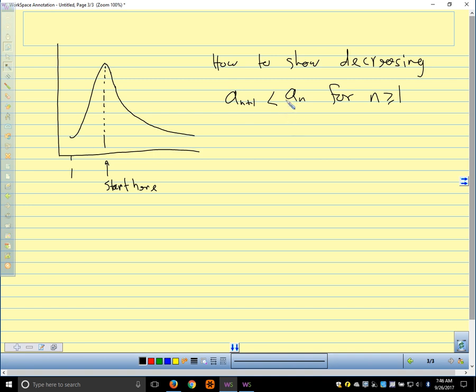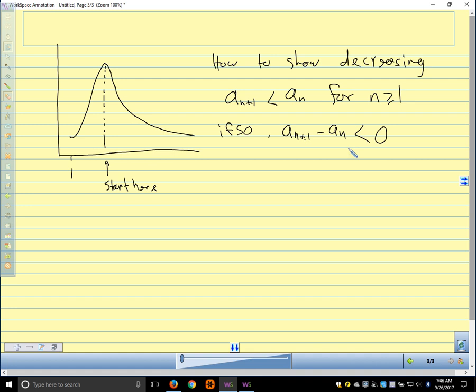So what you have to do, you're going to say, a sub n plus 1 minus a sub n has to be less than 0. So you have to somehow work with your two terms, a sub n plus 1 and a sub n, and show that when you subtract like this, that difference is always negative.